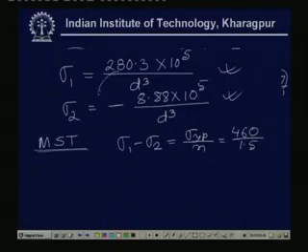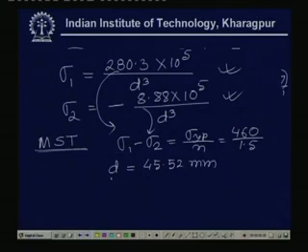Put these values over here, and you get the diameter turning out to be around 45.52 mm. Of course, you will choose the next standard size.